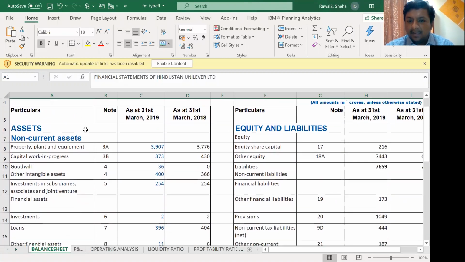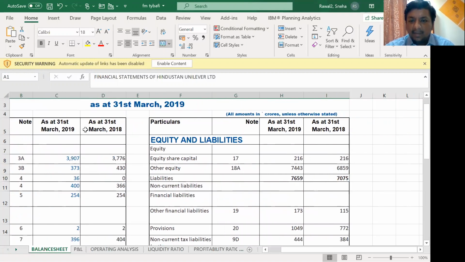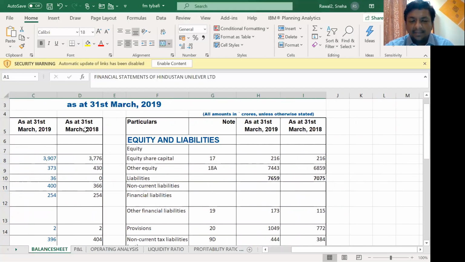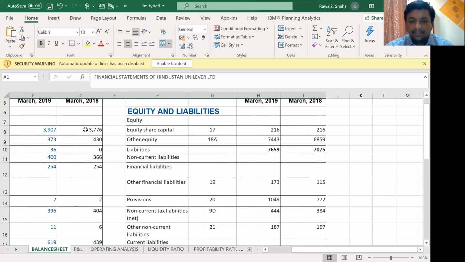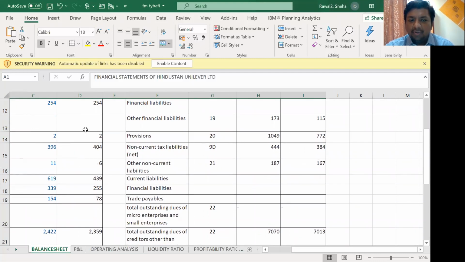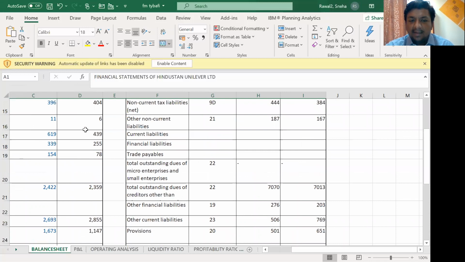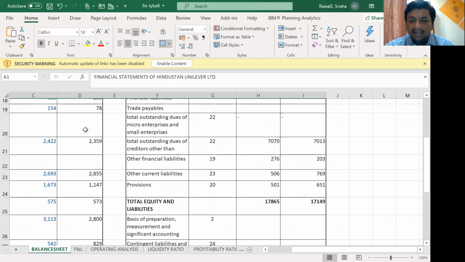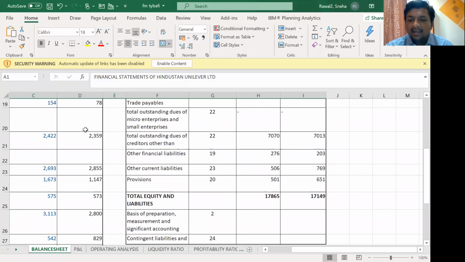As far as the equity portion is concerned, the equities and liabilities: equity share capital, other equities, financial liabilities, provisions, non-current liabilities, total outstanding dues that are nothing but creditors, financial liabilities, provisions, and the final amount, that is 17,865 crores.